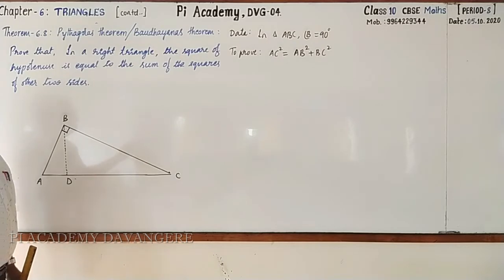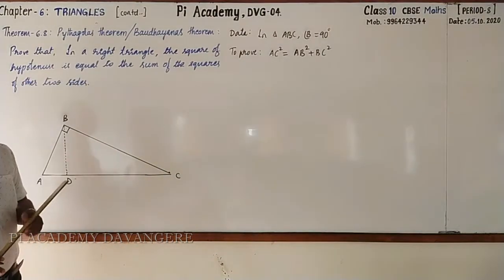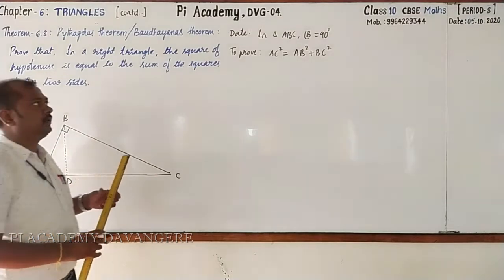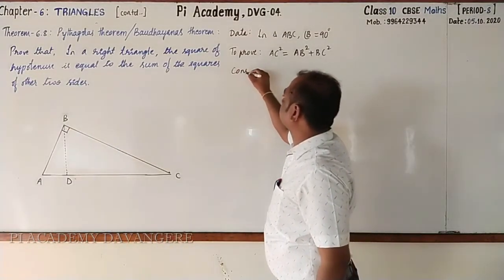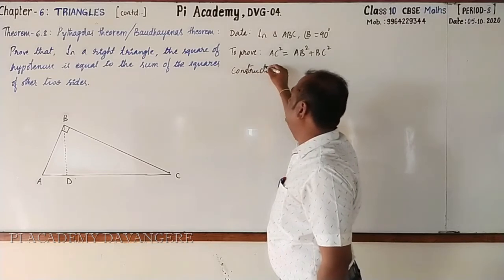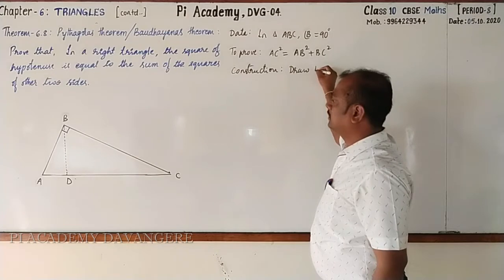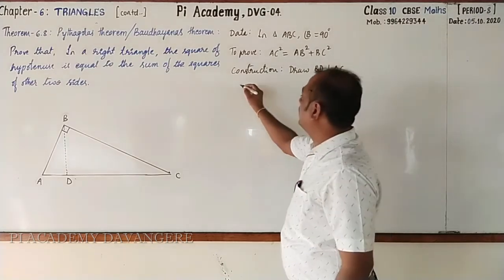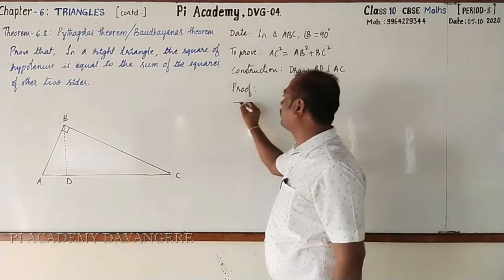Again, I am reminding you, to prove this theorem, we will use the results of similar triangles related to the right triangle. There also the perpendicular is there. Here I write the construction. Construction: draw BD perpendicular to AC.